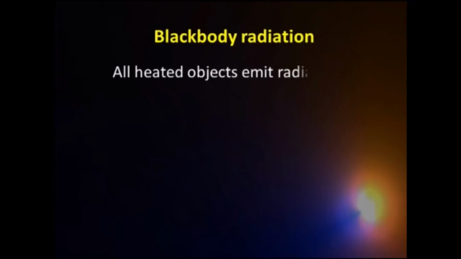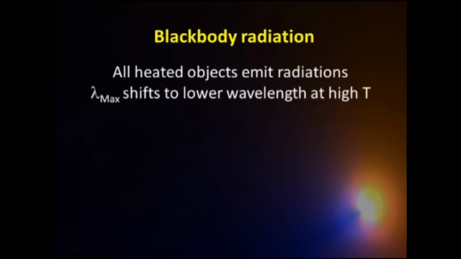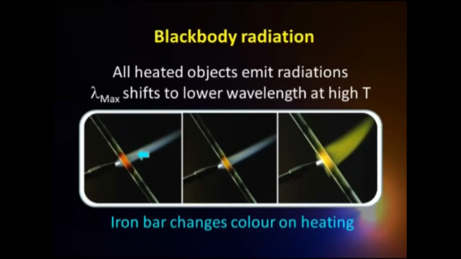To come to blackbody radiation, let us understand that anything which is hot emits radiation. I am sure you would have experienced, while sitting close to a fireplace, that heat comes to you in the form of radiation. And if you visited a blacksmith, you would have seen that as the blacksmith goes on heating the iron rod to higher and higher temperature, the color of the iron rod changes.